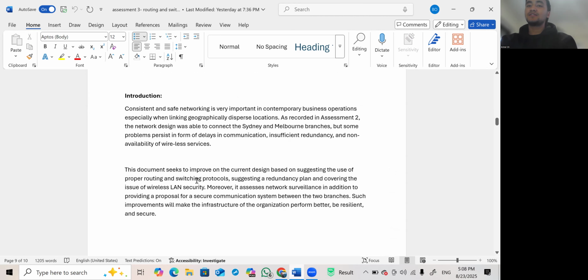So this document seeks to improve the current design by suggesting the use of proper routing and switching protocols, suggesting a redundancy plan, and covering the issues of wireless security. It also assesses network surveillance, in addition to providing a proposal for a secure communication system between the two branches.